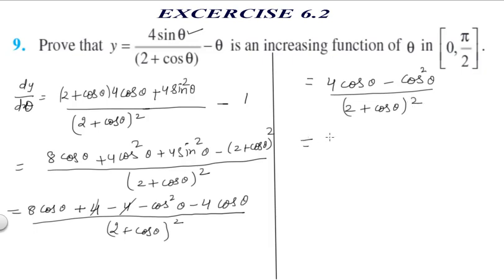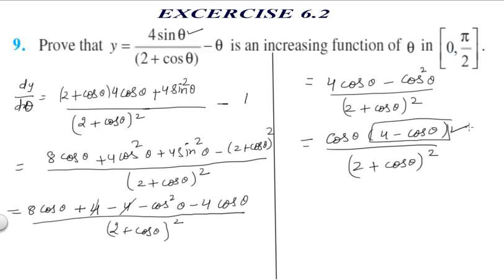Now we can take cos theta common. We have 4 minus cos theta inside the bracket divided by 2 plus cos theta whole square. Now just look carefully. 4 minus cos theta is always going to be positive, because cos theta value will be from -1 to 1 only, and that is going to give us a positive answer.